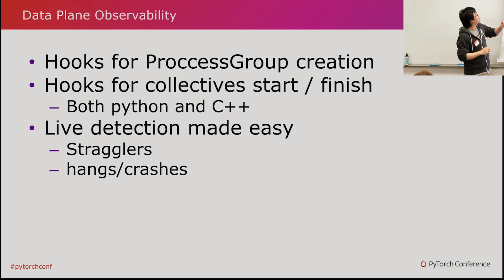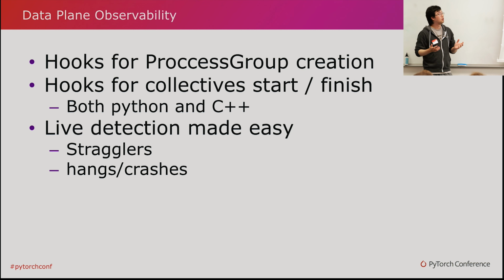Also, this hook should be customizable so that our customers can register their own exception handler to PG. So whenever a collective failure happens, the custom handler will do the job to help the user debug. This is a very useful tool, we think. We get feedback from many customers.